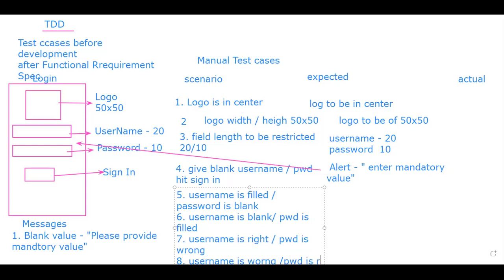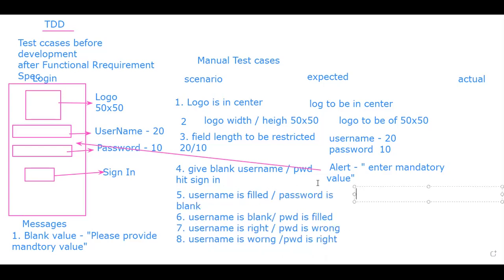Username is wrong, password is right. Like this, you can see that for one simple page with just 2 text boxes, we are able to so far write 8 scenarios to test. So when username is filled and password is blank, what should be the alert they get from the customer? Again, these alerts they get from the customers.